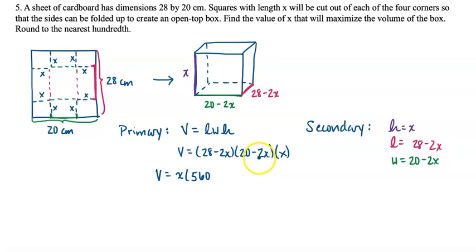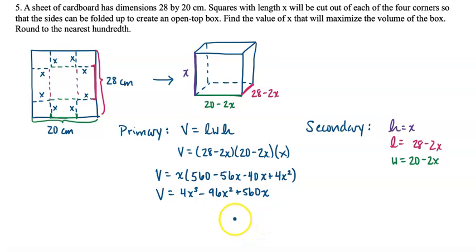So I've got 560 times the outside, which is negative 56x, the inside, which is negative 40x, and the last two terms, which give us a positive 4x squared. And then distributing this x and writing these in order, I get 4x cubed minus 96x squared plus 560x.